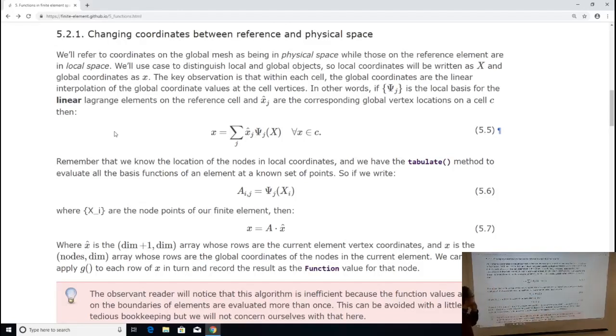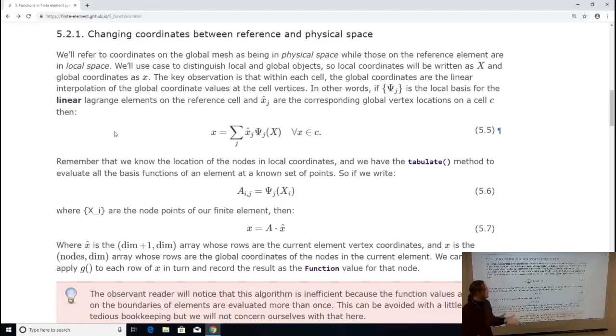So actually, if you look at a particular triangle and you look at its local basis functions, and you take the global, small x, coordinates of the vertices, then the global point corresponding to any particular local point is just the global values of the vertices multiplied by the values of the basis functions at those points.